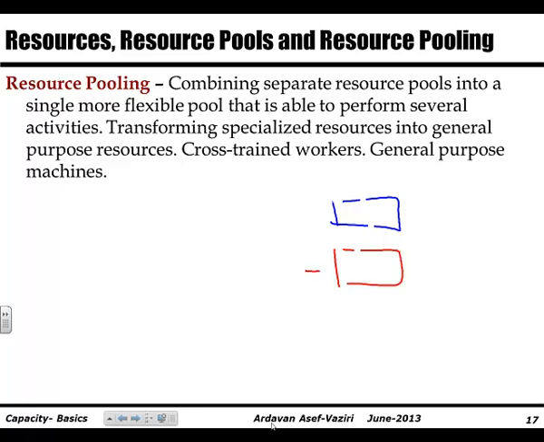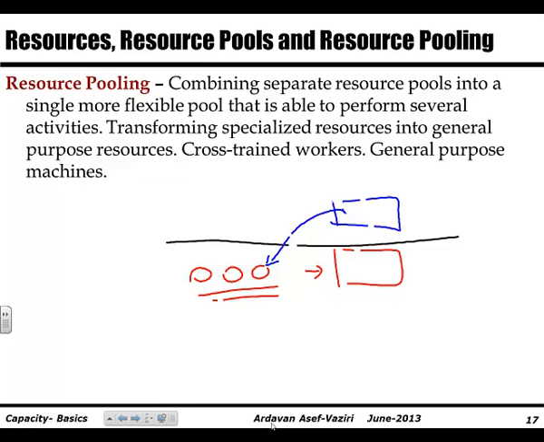sometimes this resource is busy and several people or several units of product are waiting for it, and the other one is idle and nothing is there. So if these two resources are not pooled together, the blue resource cannot take this product or this customer and handle it, while this resource has a waiting line and this one is idle.